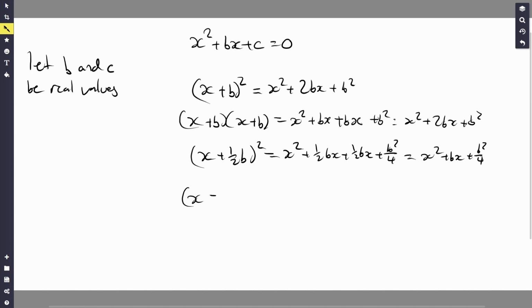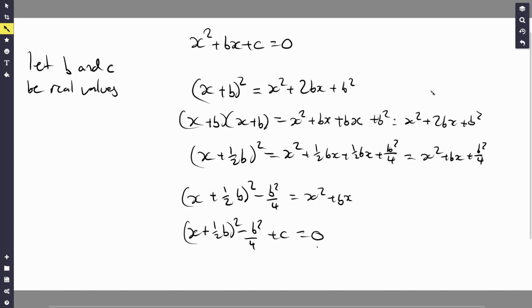And if we do that, we get what we had before, minus b squared over 4. And then that just equals x squared plus bx. And all we need now is just the c. So then we can say that x plus a half b squared, let's just add on the c, minus b squared over 4 plus c is equal to 0.